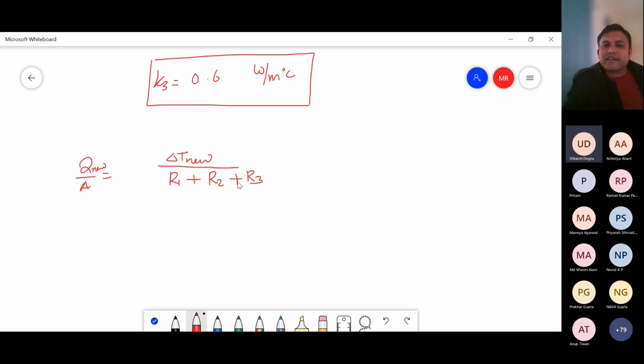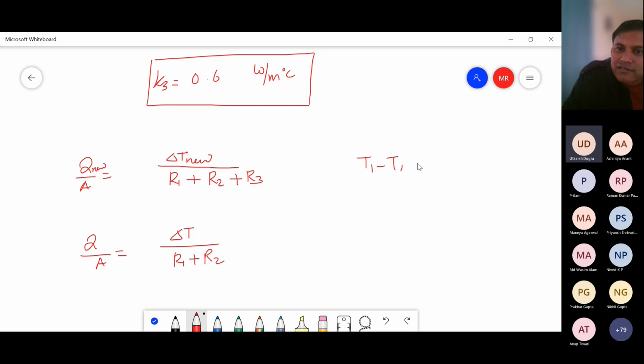Okay, correct. And in the earlier case, you had Q by A given as delta T divided by R1 plus R2. Remember, in this case delta T is given by what?